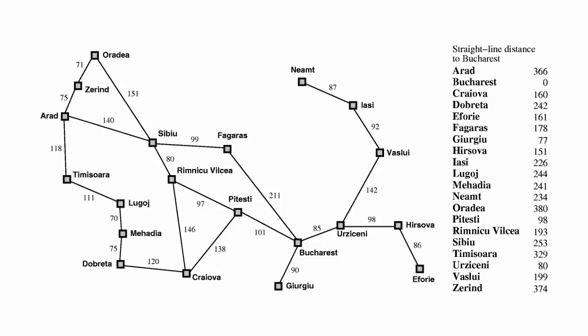The straight line distance is nothing but the h of n values, the heuristic values. When you traverse from one node to another node, that cost is called the path cost, the g of n values. Why I mention h of n and g of n, you will come to know in the next slide, how it is useful for calculating the function cost.